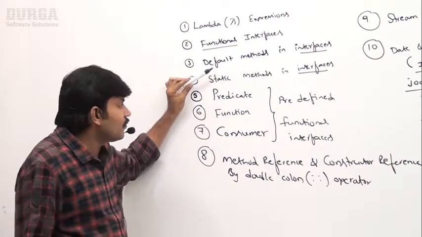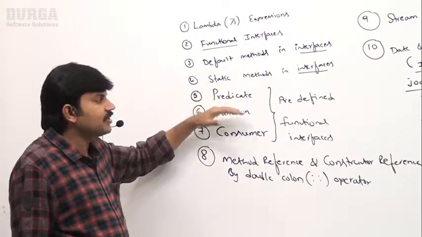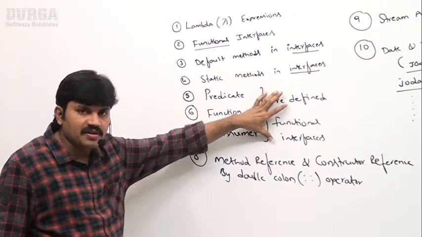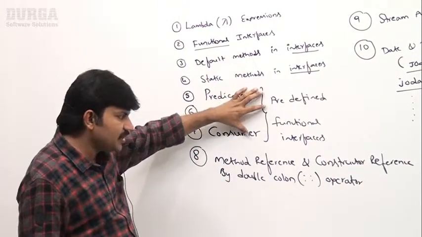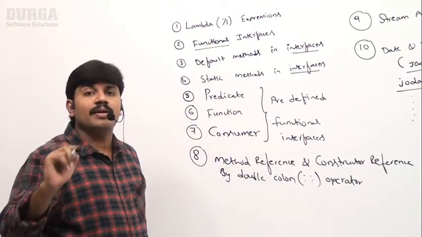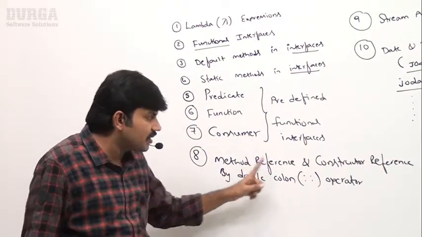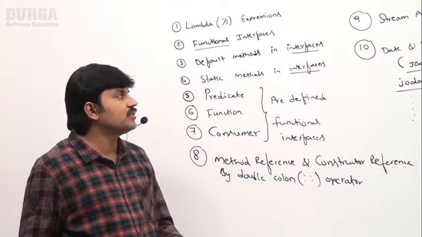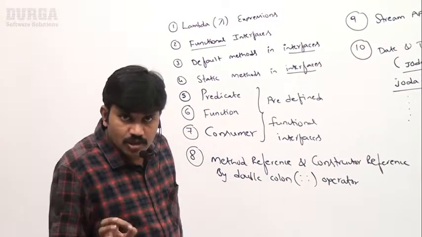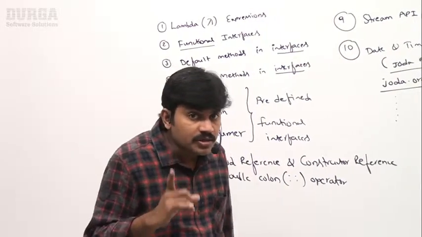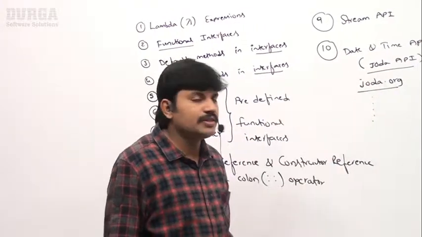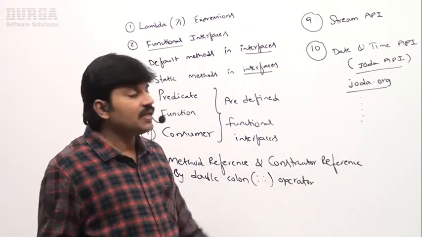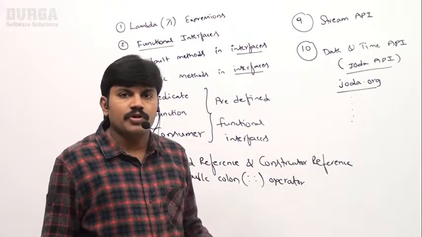After that we will talk about predefined functional interfaces like predicate, function, consumer, how we can use these with lambda expressions, and then the double colon operator, how to use method references and constructor references. Next topic, stream API, the most valuable concept. Next, date and time API, which is also known as Joda time API. Sir, these are the topics we need to discuss.